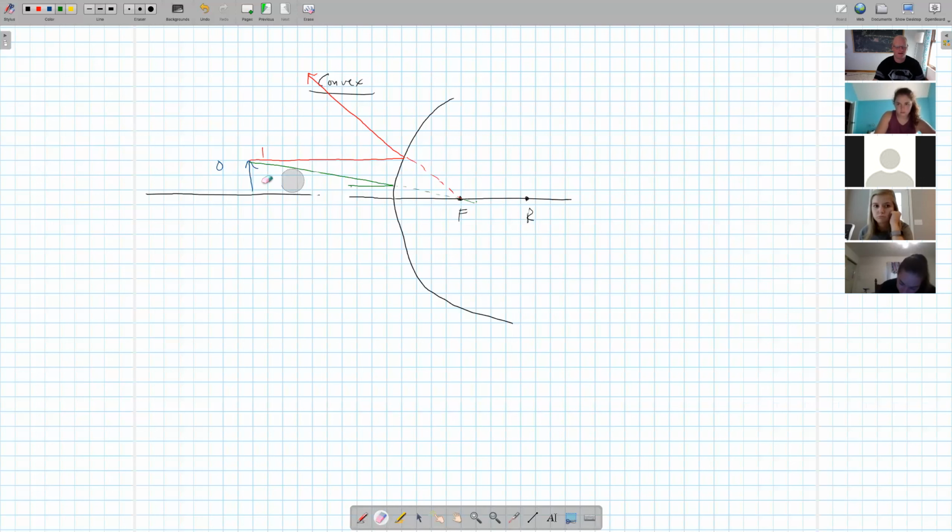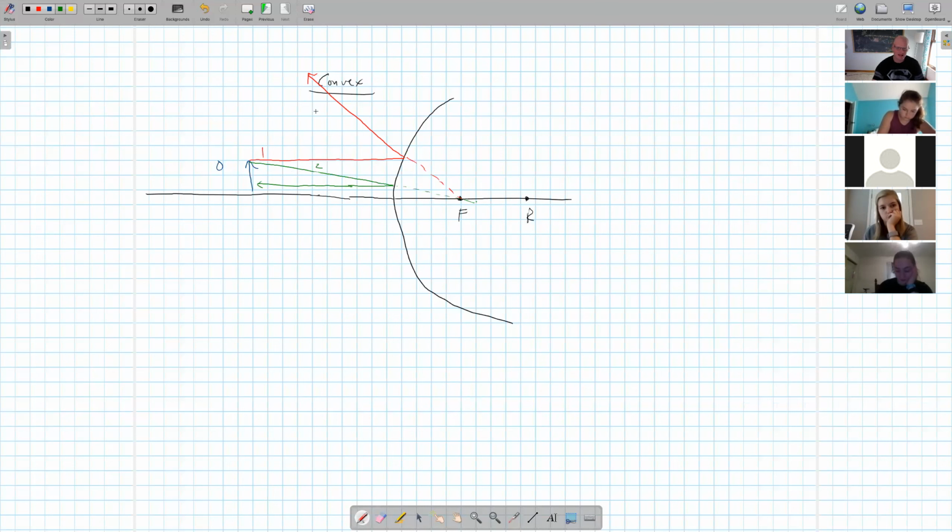So this one gets reflected backwards, as if it's now going parallel to the principal axis. So this is ray number 2.